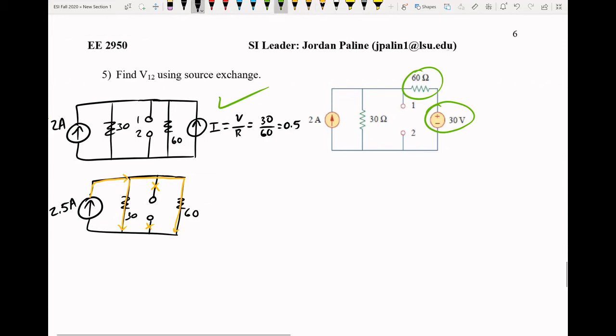So we'll call this one I1, this one would be I2. So if we did I1, that would be equal to R parallel over R30 times I of S. Well, we got to find R parallel, and the R parallel is going to come from these two. So R parallel is going to be 30 times 60 over 30 plus 60, and that'll give us 20.